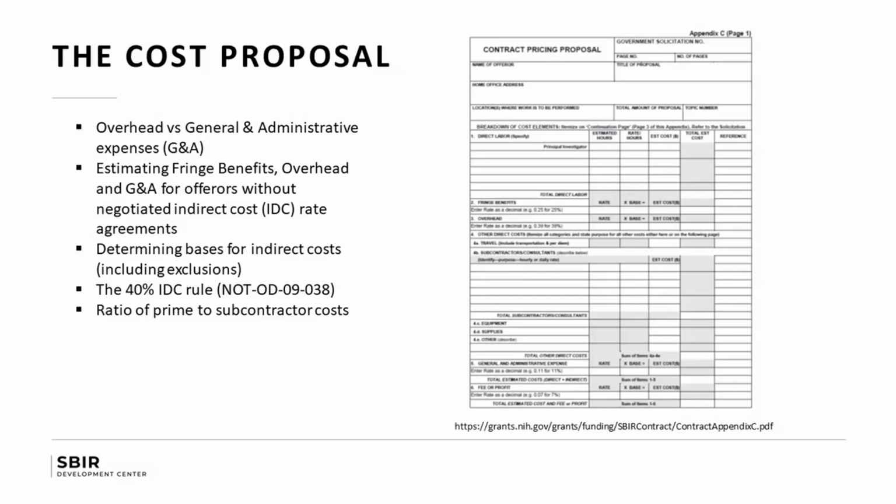There are certain costs that are not allowed on indirect cost rates. One of them is institutional research and development costs. There are others. I wouldn't worry too much about getting that right on the first Appendix C. If there are questions about it, you'll be notified by the contracting officer.